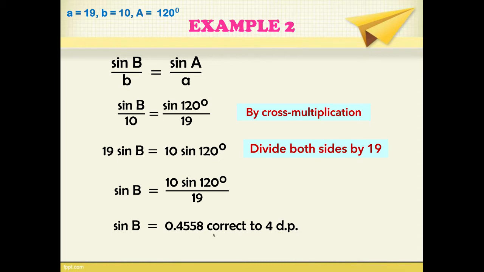Now note that here, sine B, which is 0.4558, which is less than 1, is well within the range of permitted values for the sine of an angle. Remember that the value for the sine of an angle must only be from 0 to 1.